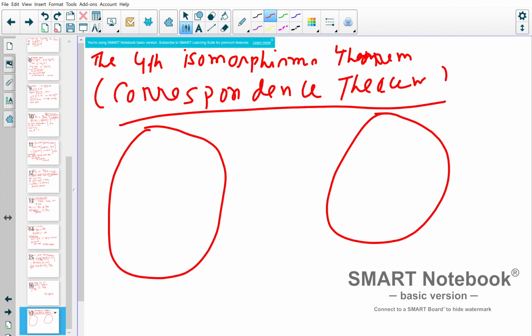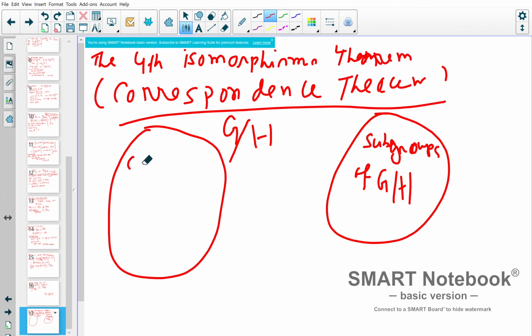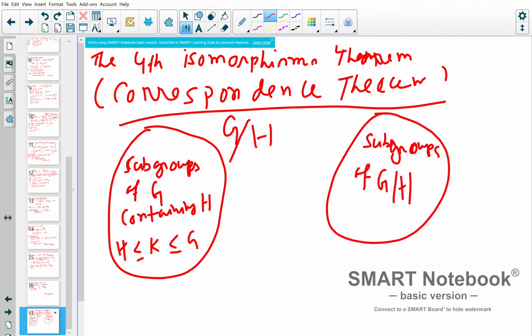You have a group G, obviously, and a subgroup, say H. On the one hand, you have subgroups of G mod H. On the other hand, you have subgroups of G containing H, meaning all those K which contain H. Each such K gives a subgroup of G mod H of the form K mod H. The correspondence theorem tells you that there is a one-to-one correspondence between these two sets.